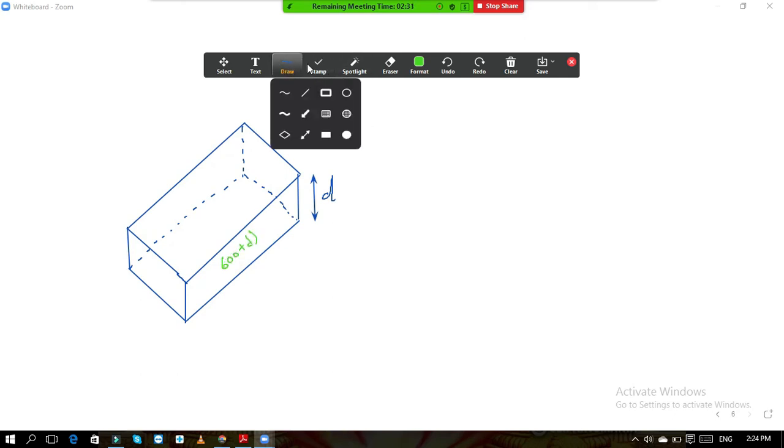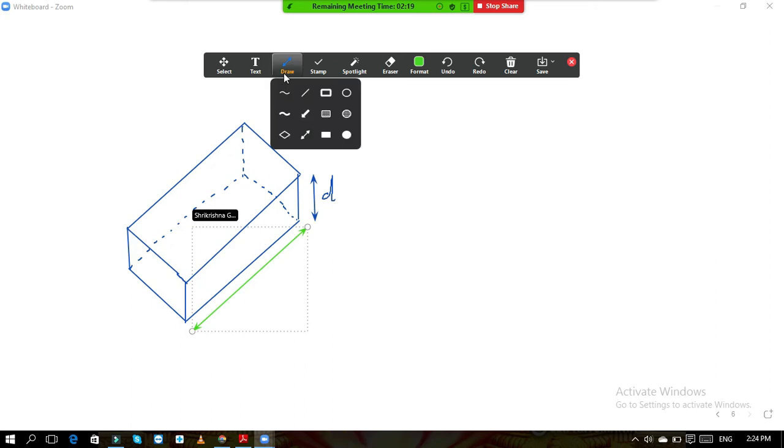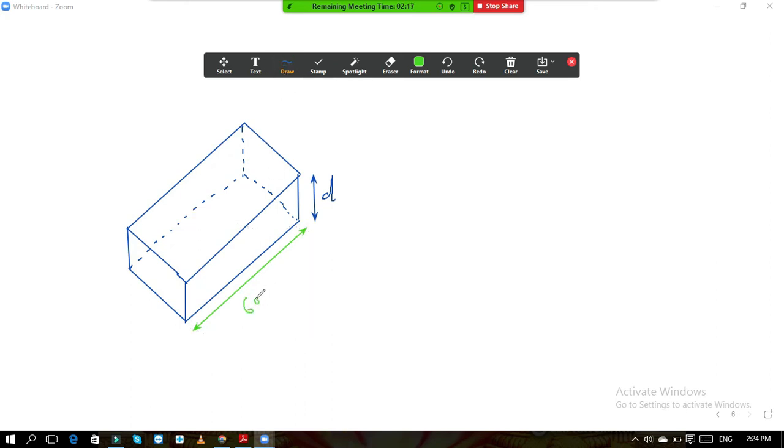Instead of showing there, we will show over here this dimension, it is 600 plus d. And here this dimension is 400 plus d. This is 400 plus d.